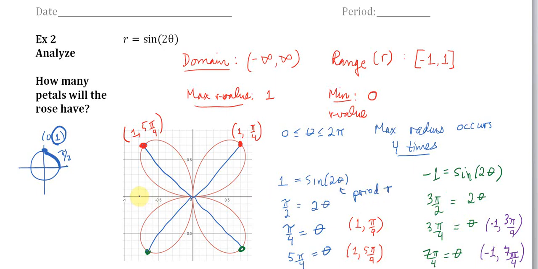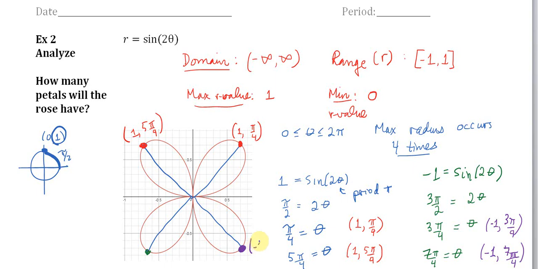Well, if you go out here, that's -1, and we rotate 3 pi over 4, we actually get to this point right here.